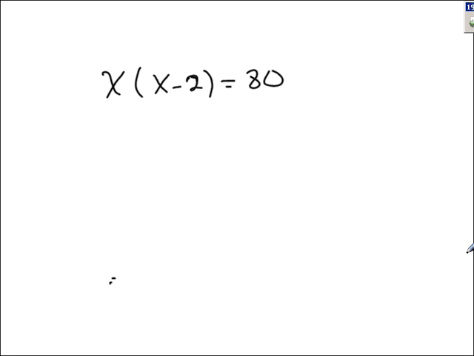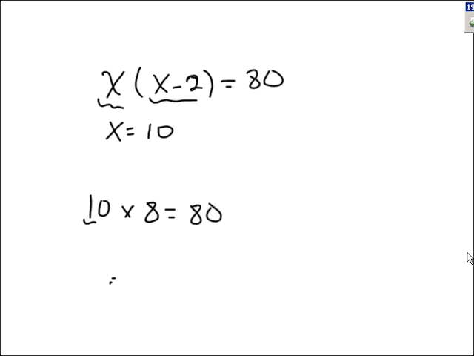We want two numbers to multiply out to 80. Here's one number, the other number is 2 less. You can try 10 times 2 less. Ooh, there it is, done. x is 10. Okay, that is, you can use 10 and 8.